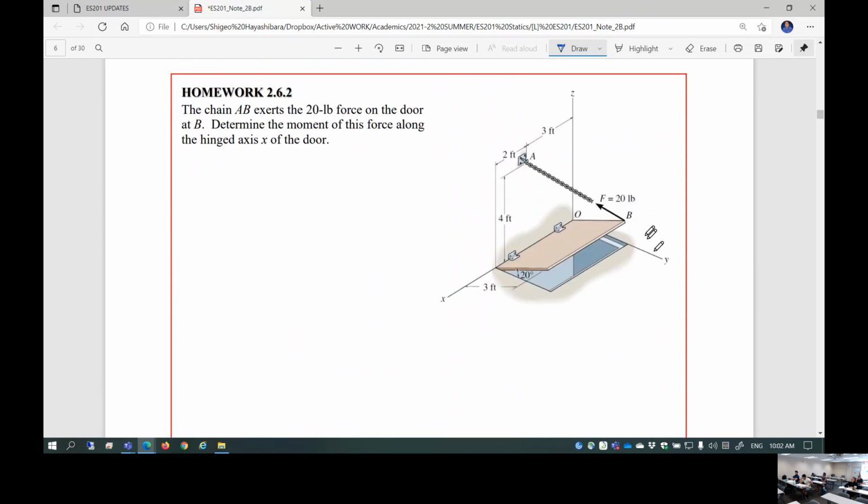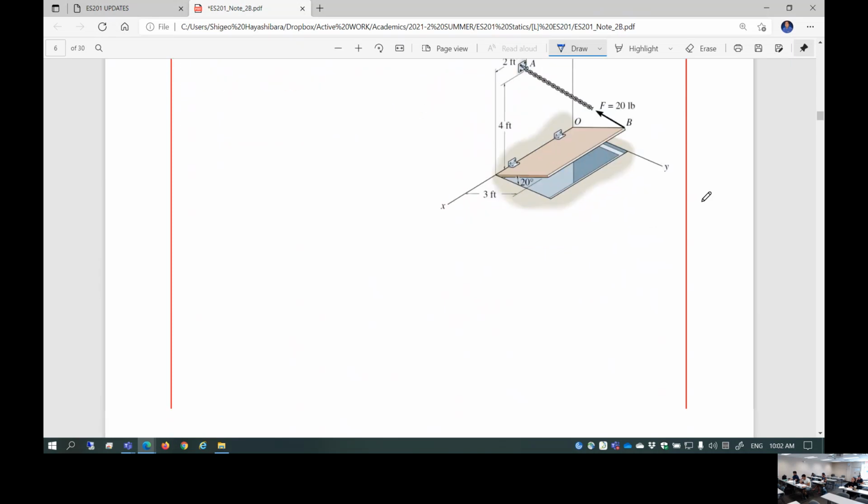It's just the moment developed by this force along this chain to begin with, and then the projection to the axis of x. You're going to take a cross product to find that moment, take a dot product to find the projection of that moment in a certain direction. Obviously, the same thing we did today. So please do those problems by yourself. You got to do it today. I mean it, okay?